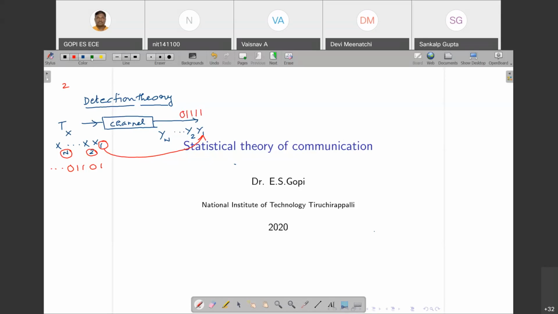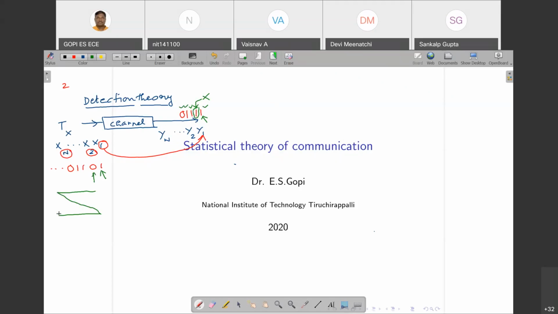In this case, when 1 is transmitted, you are getting 1 here, but when 0 is transmitted, you are getting 1 here. This is the error. But when you see this one, there is no error here, right? So when you transmit 1, it may end up with 1 or 0. Similarly, when you transmit 0, it will end up with 0 or 1.